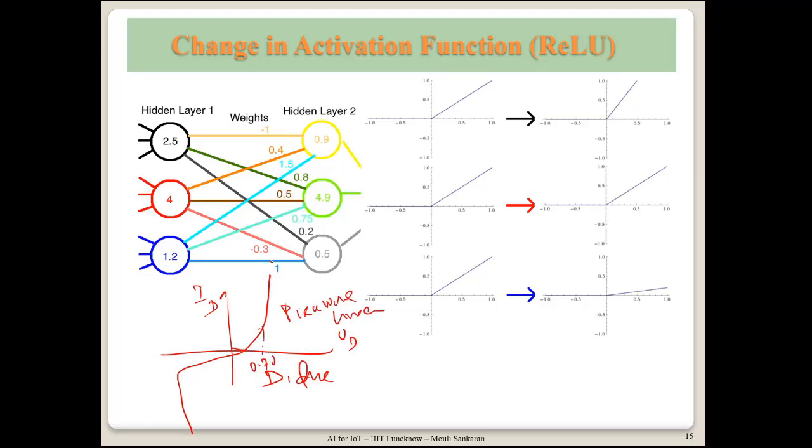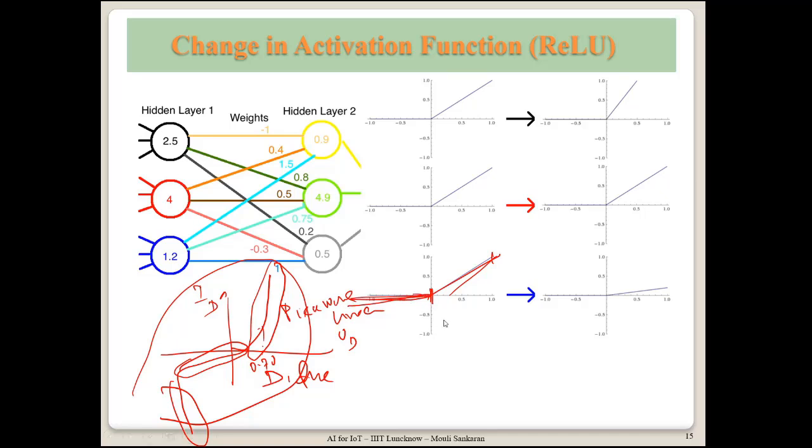That means they approximate this part of the curve as linear, and this as linear, because it's a straight line. But all of them put together, it's a non-linear function. Similar to this, ReLU is also piecewise linear: from here to here it is linear, and here to here it is linear because it is always 0.